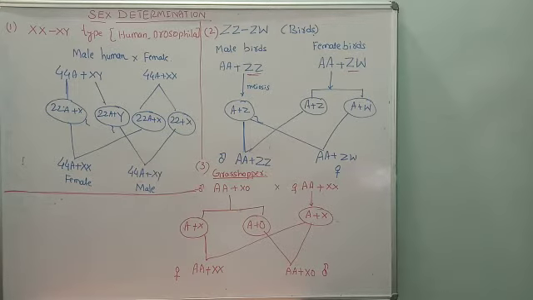When we make a cross of a male human with a female human, the male human possesses a diploid set of chromosomes. The autosomes are 44 in number, and the allosomes, the sex chromosomes, are X and Y.